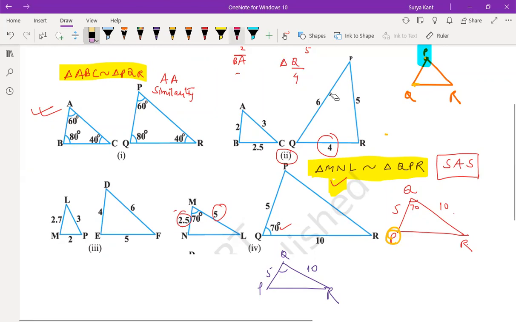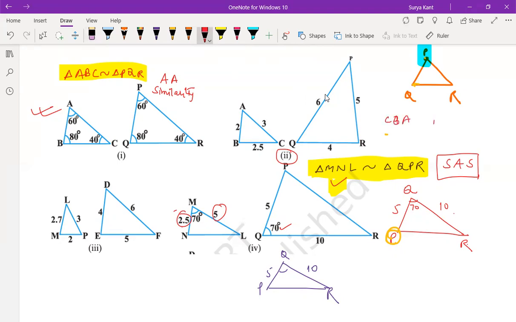Praharshan, can you hear me? Yes, sir. Which two triangles are similar? The important part is what to name the triangles so that they become similar. CBA and PRQ. So CB is 2.5.